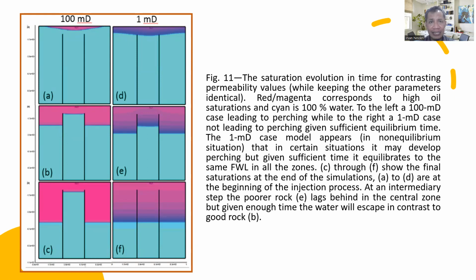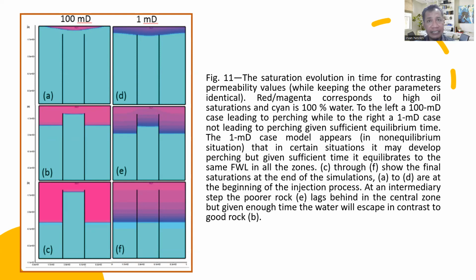A to D are the initial states of the injection process in a reservoir with varying rock qualities, which suggests that at an intermediate step, the poor rock lags in terms of water movement compared to the better quality rock. However, given enough time, the water will eventually escape from the poor rock, contrasting with the behavior of the better quality rock. The different colors are represented with red and magenta indicating high oil saturation, and cyan representing 100% water saturation.